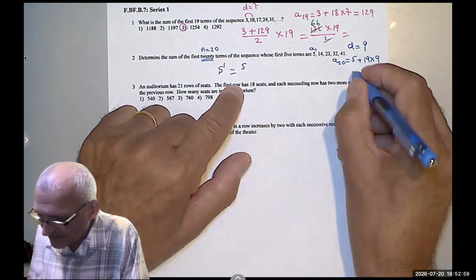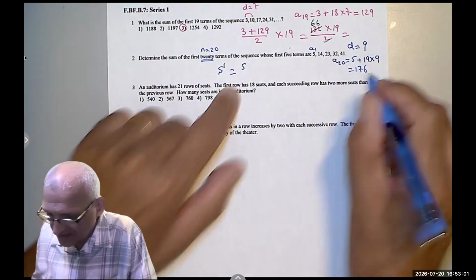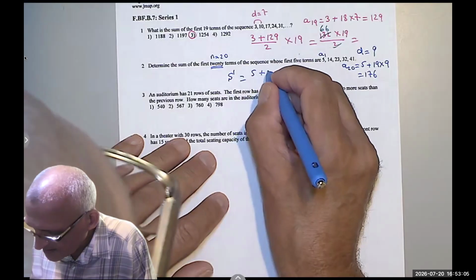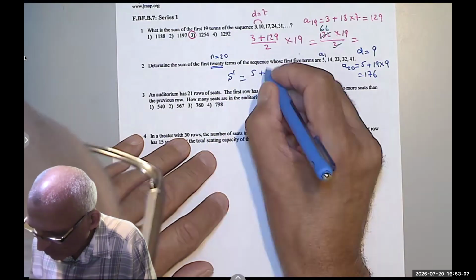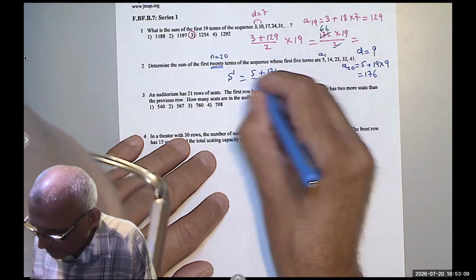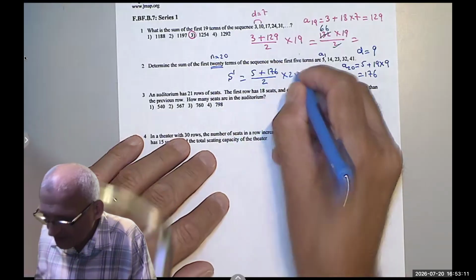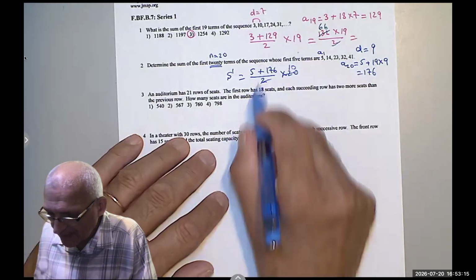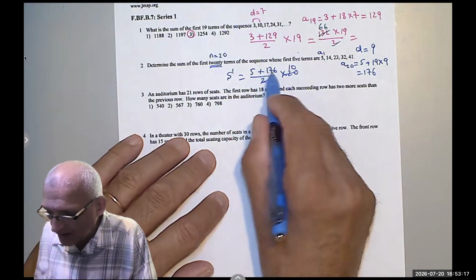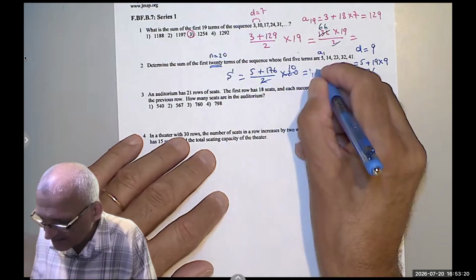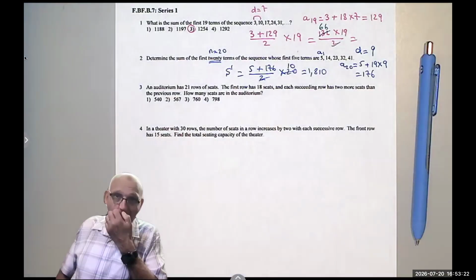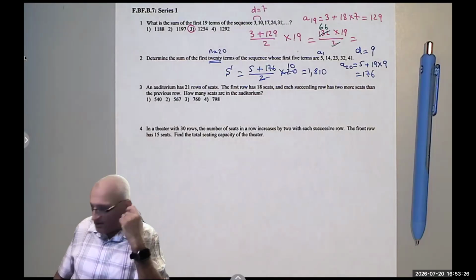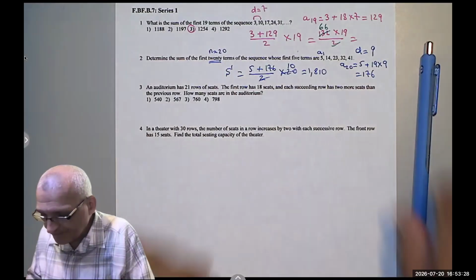We said this is 171, so this is 176. 5 plus 176 over 2 times 20. 20 over 2 is 10. And this is 181 times 10, which is 1810. See, it's pretty straightforward, very easy.